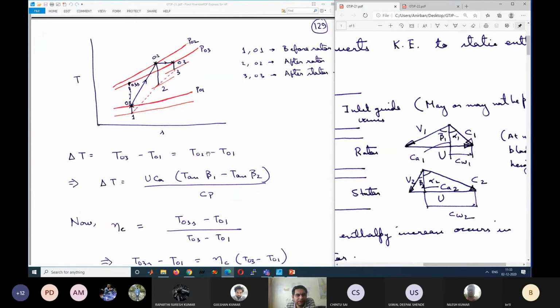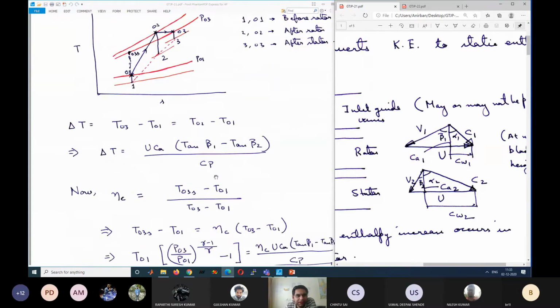Work input is Cp times delta T, so delta T is equal to U Ca (tan beta 1 minus tan beta 2) by Cp. This is the change in stagnation temperature across the entire stage, or across the rotor also.